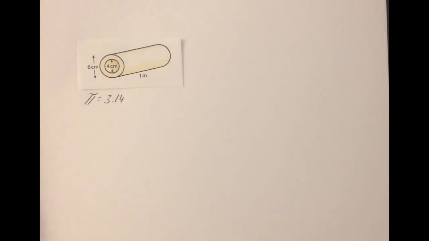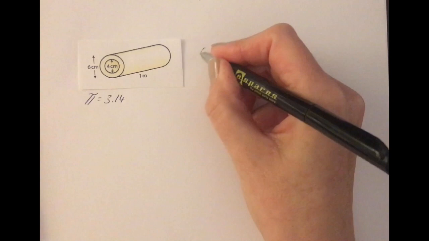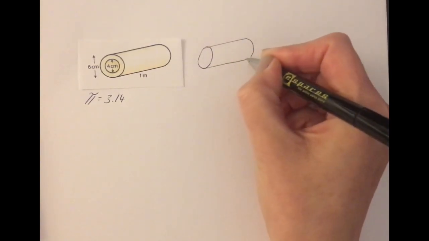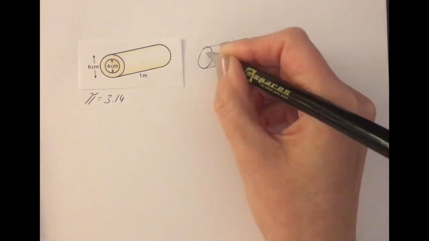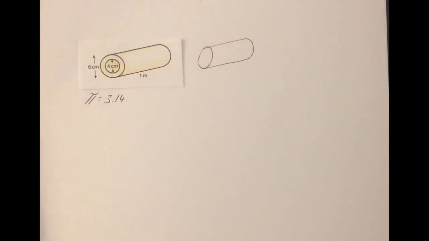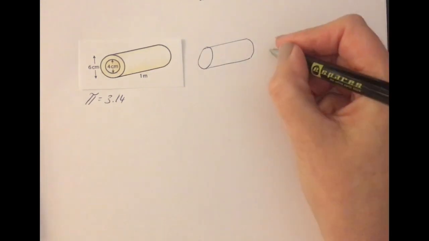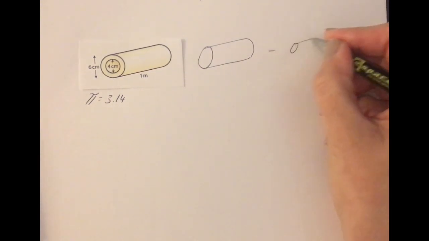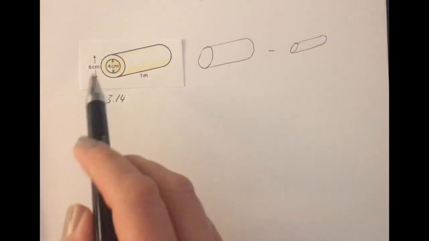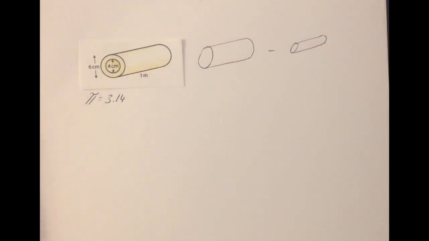So that's exactly what we're going to have to work out. It's kind of like one of those in-between volumes, if you like. We're going to do the full mass of the larger cylinder first, and then, of course, subtract the smaller cylinder. And then that will give us what's left, just the pipe.